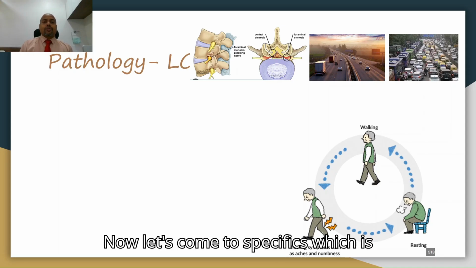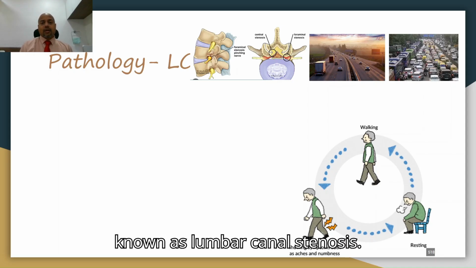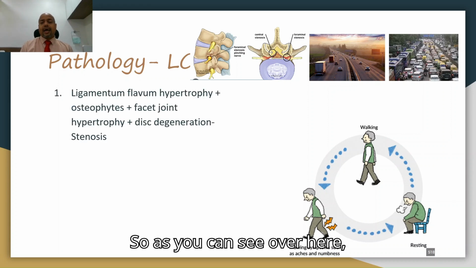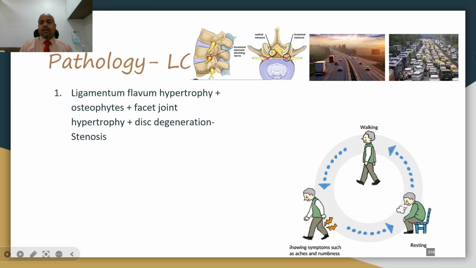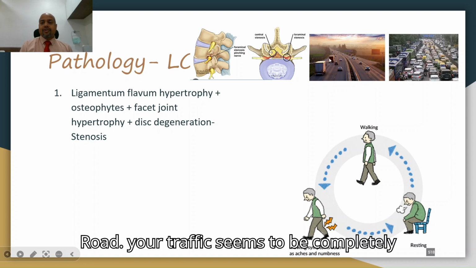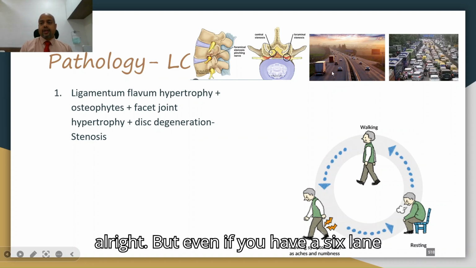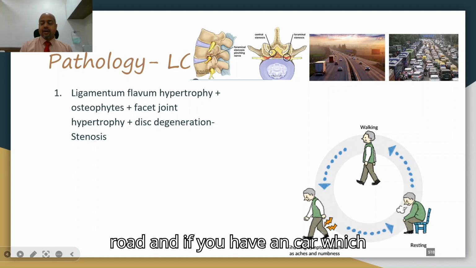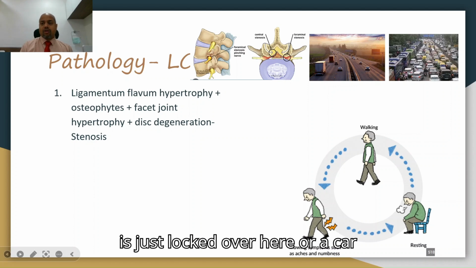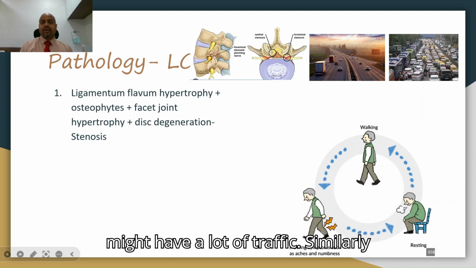Now let's come to a specific condition, which is known as lumbar canal stenosis. As you can see over here, if you have a long 6-lane road, your traffic seems to flow completely fine. But even if you have a 6-lane road, if you have a car which is just locked over here, or a car which has broken down, you might have a lot of traffic.